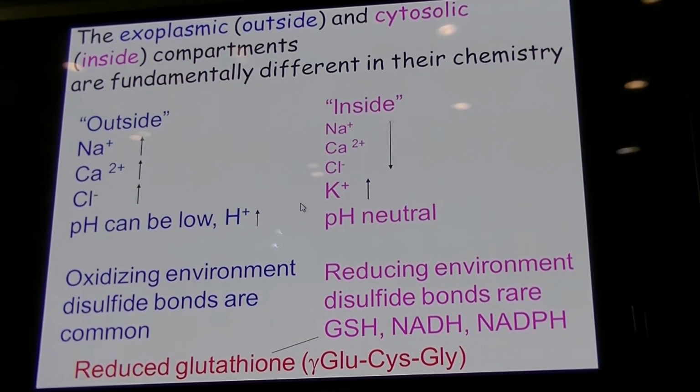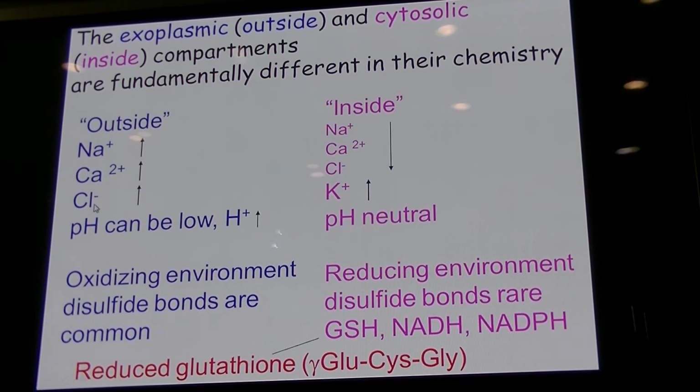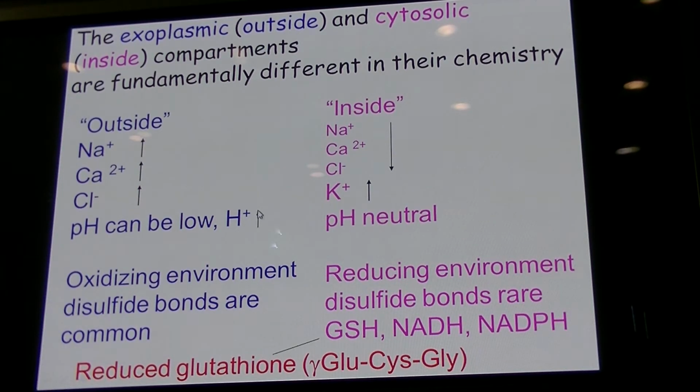Let's not forget that. So that's always high. The pH tends to be pretty neutral. If you think about what's on the outside, then we have always a higher sodium concentration, relatively higher, but still fairly low calcium, and relatively high chloride concentration. The pH can be extreme, is often low, but not always. So we often have a higher proton concentration, but that's not always the case.